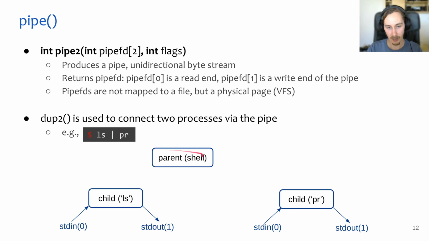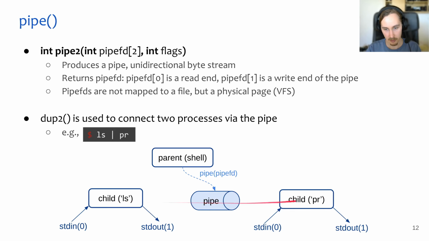So our parent process, the shell, spawns the child process, creates a pipe, and then uses that to connect the ls output through the pipe to the second process input. And to do so, it uses the pipe syscall, which returns two file descriptors, one for the input of the pipe and one for the output.